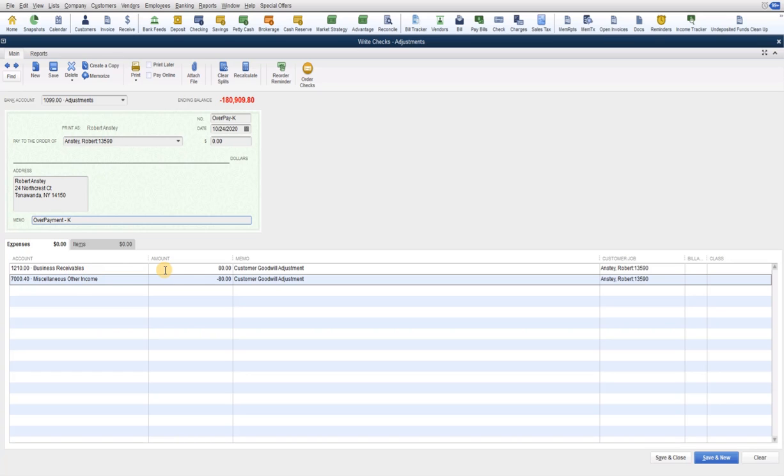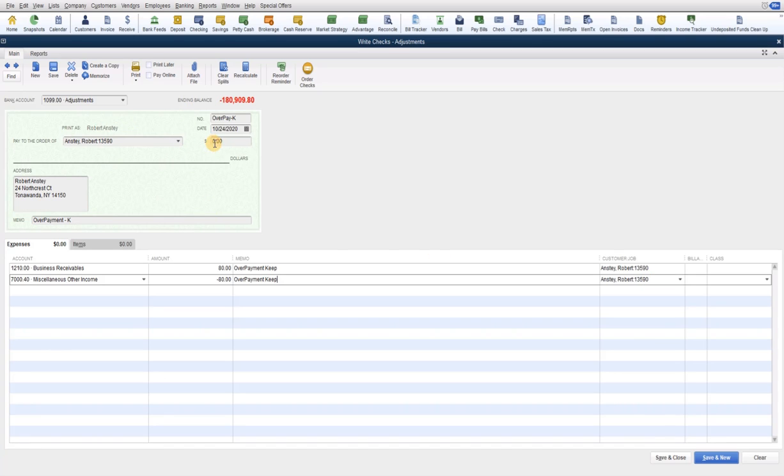The business receivable will be a positive number at $80, and we're going to put this as overpayment keep too. And I'm going to change the second line to the same. And we have a positive and a negative, and the RO number listed here on both lines.